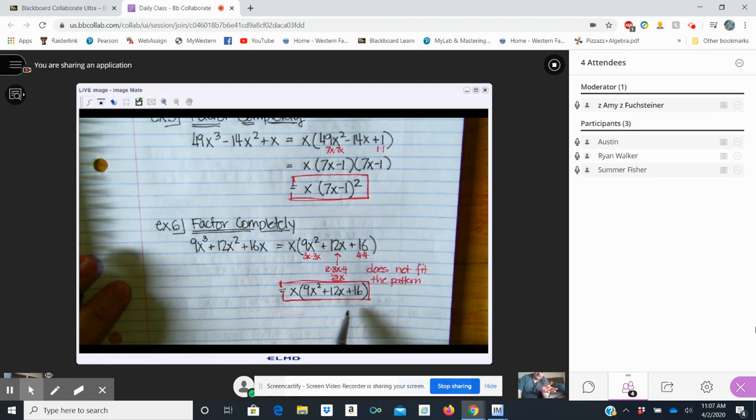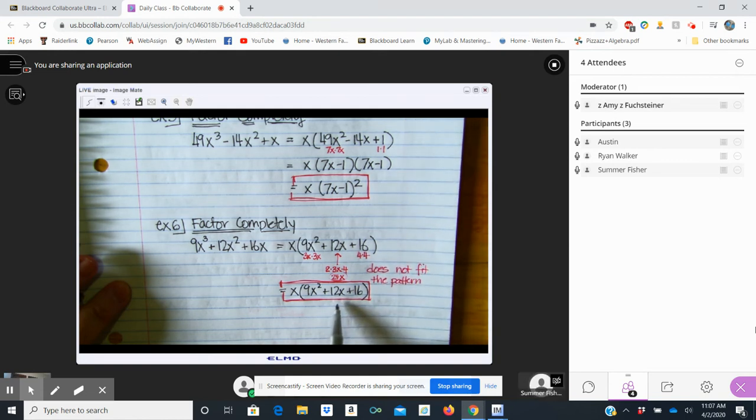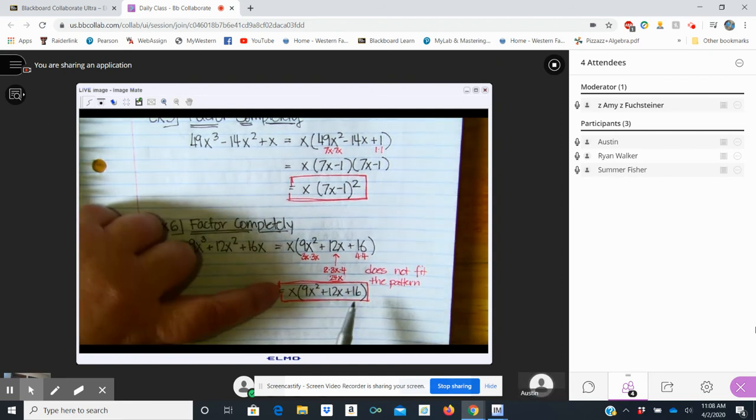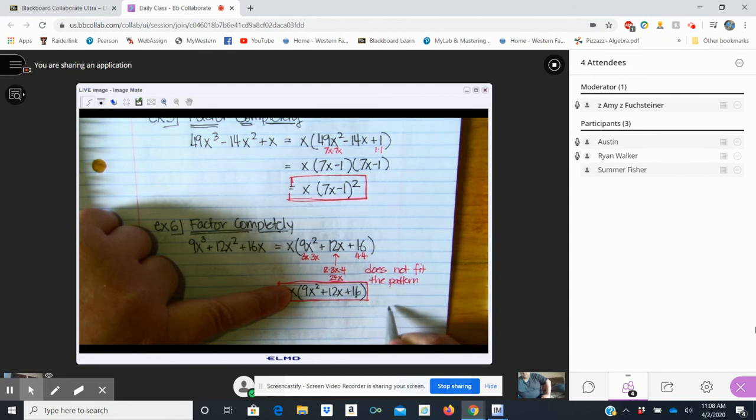Ryan, you can use that A times C method here as well, but then you're going to have to find numbers that multiply to 144 and add to 12.